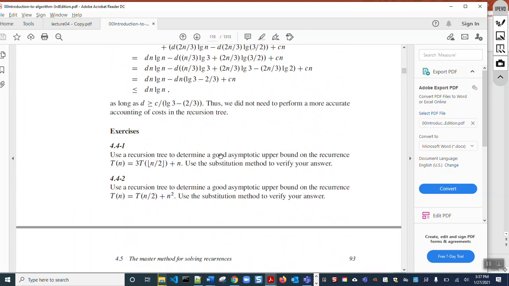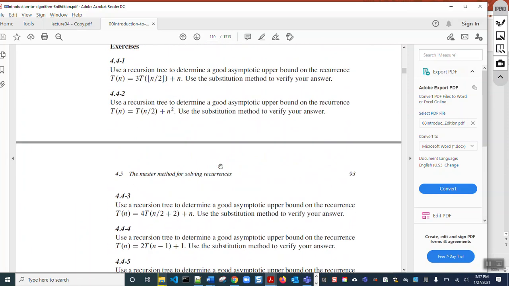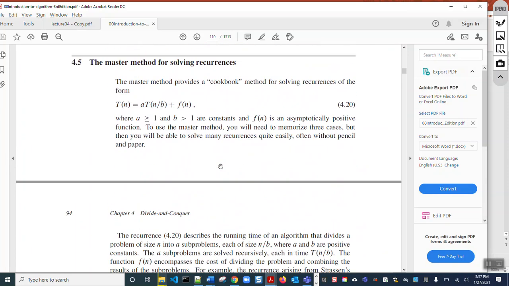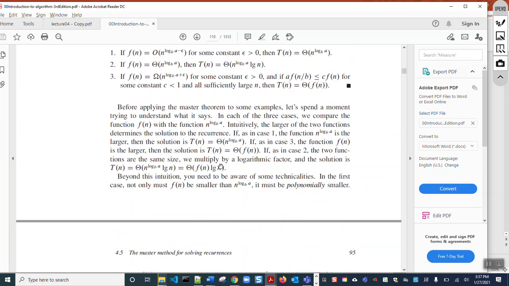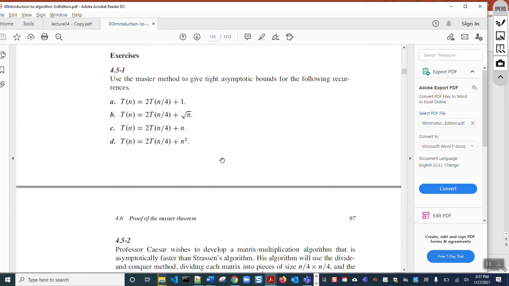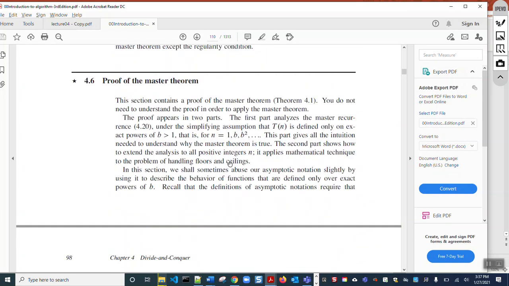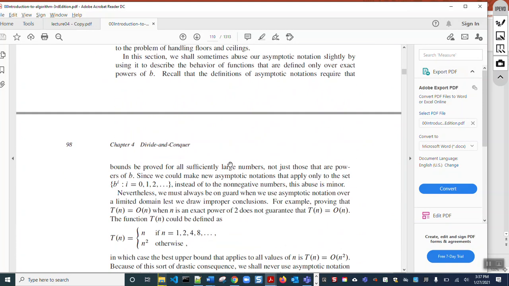For each of the proofs there are some problems. I will pick some problems, not too hard, but medium quality problems from here, and then I will give them to you as your assignment.